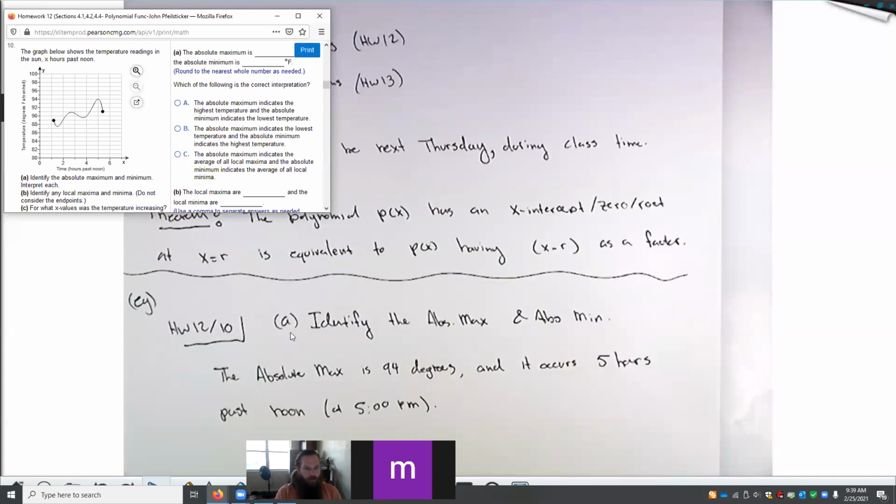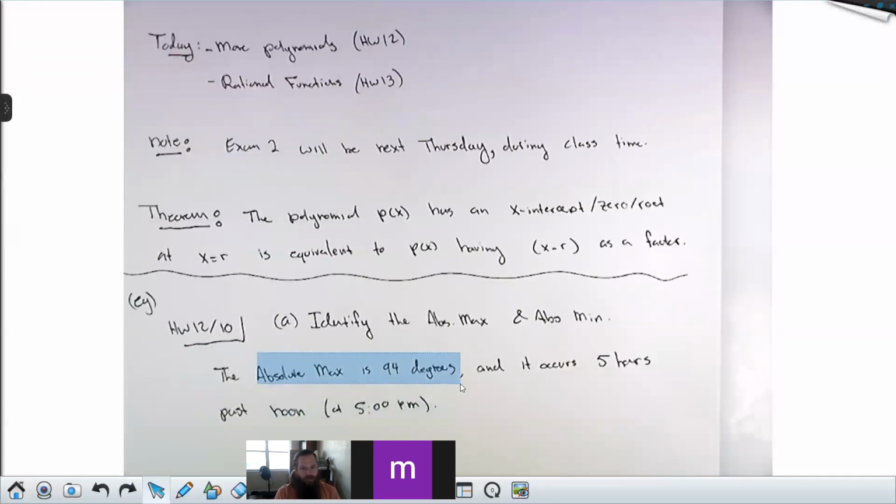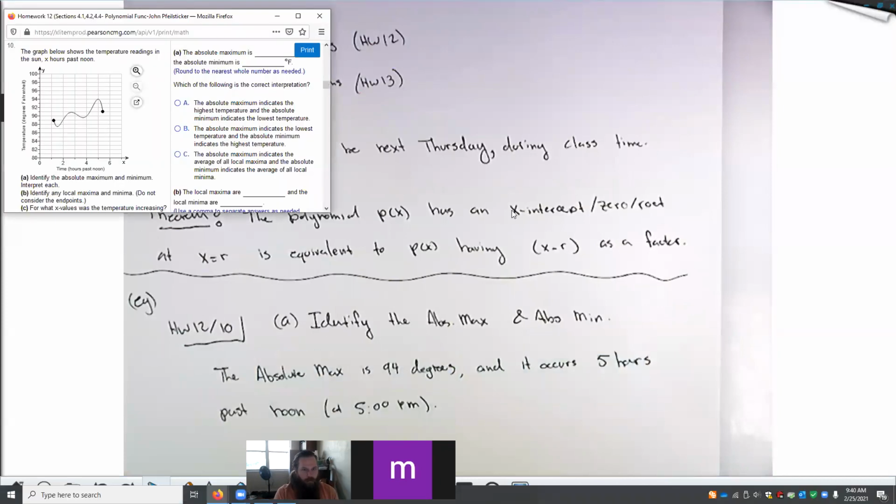That the absolute max is the y value, and it occurs at the x value. That sort of language is really important, and there will be problems on the test that suss out whether or not you've internalized that. So remember, if I ask you where is the absolute max, that's the x value or the input value. And if I ask you what is the absolute max, that's the y value or the output.